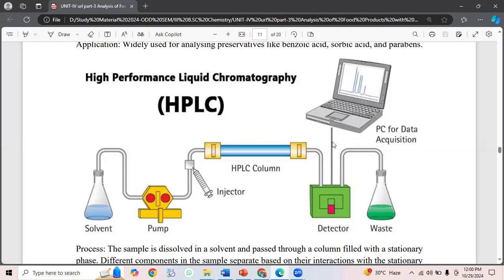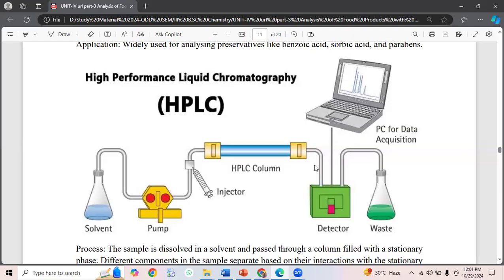Common detectors include UV-visible or fluorescence and mass spectrometry detectors. We can connect it to data acquisition. The detector generates a signal that is processed to create a chromatogram. Peaks on the chromatogram represent individual components, which can be analyzed to determine concentration, purity, and identity.